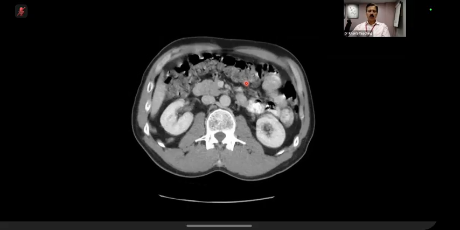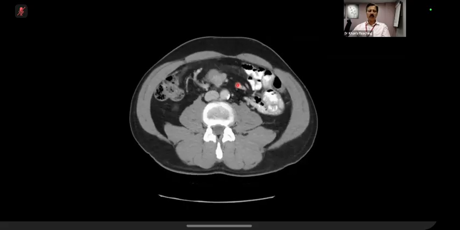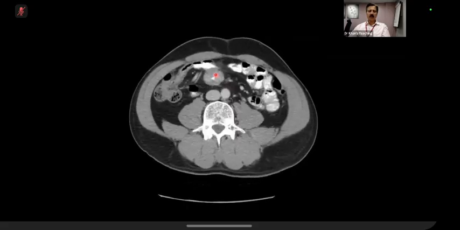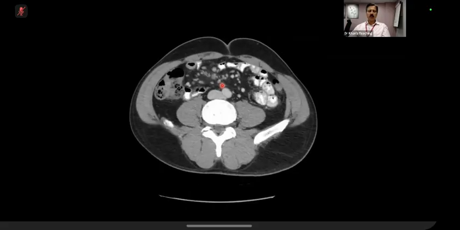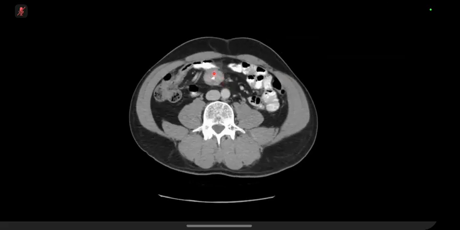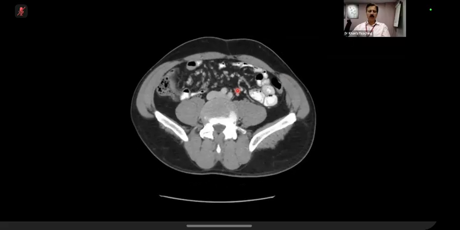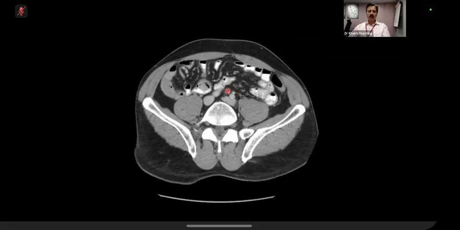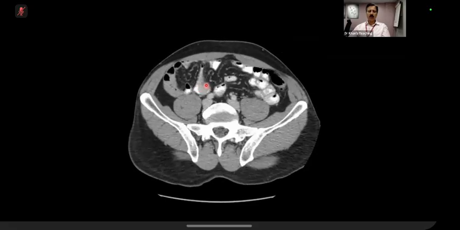Now, as we go into the mesentery, you can see this mass. And with this mass is a bit of calcification. And you get excited that this is the primary lesion and you call it a carcinoid. And the examiner asks, okay, where is the primary? Actually, the primary is sitting here. You remember that barium?